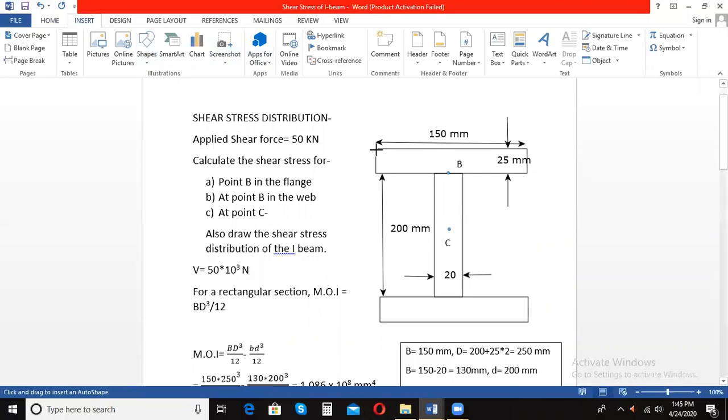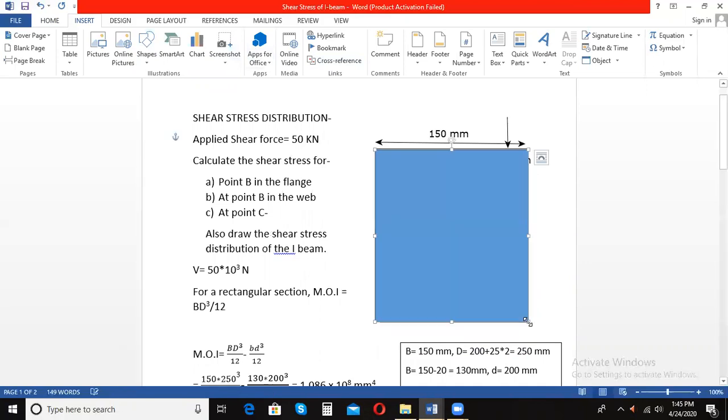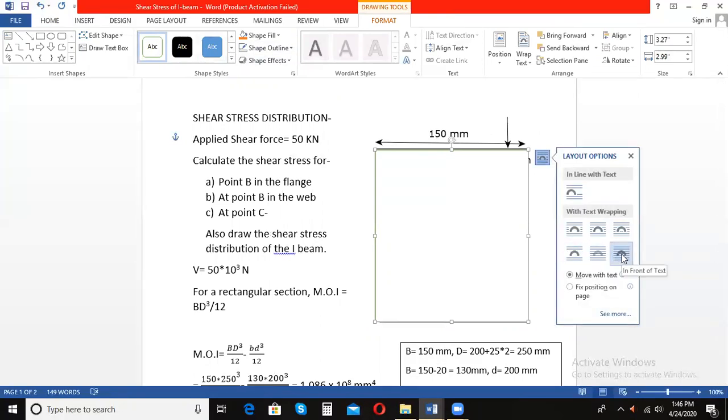You can consider one big rectangle. This is my one big rectangle here, whose width is 150 mm. Below I have written down that the width of this rectangle is 150 mm.